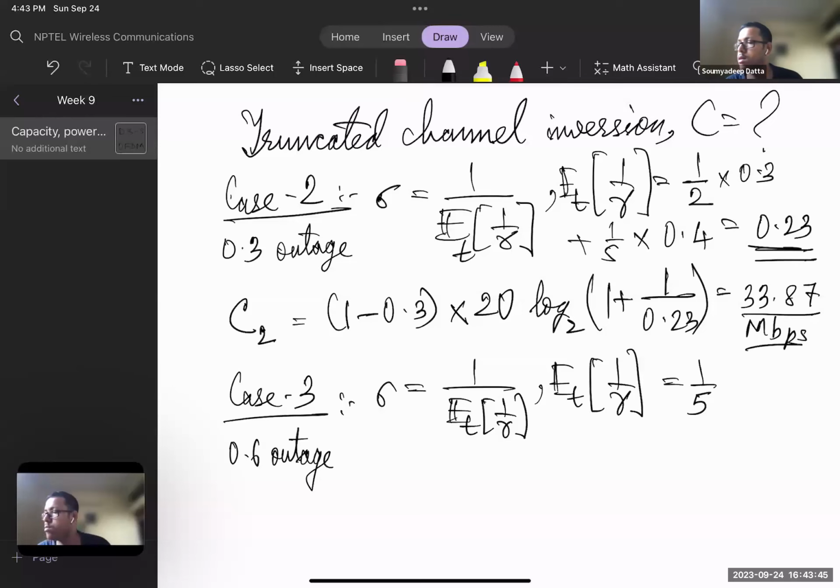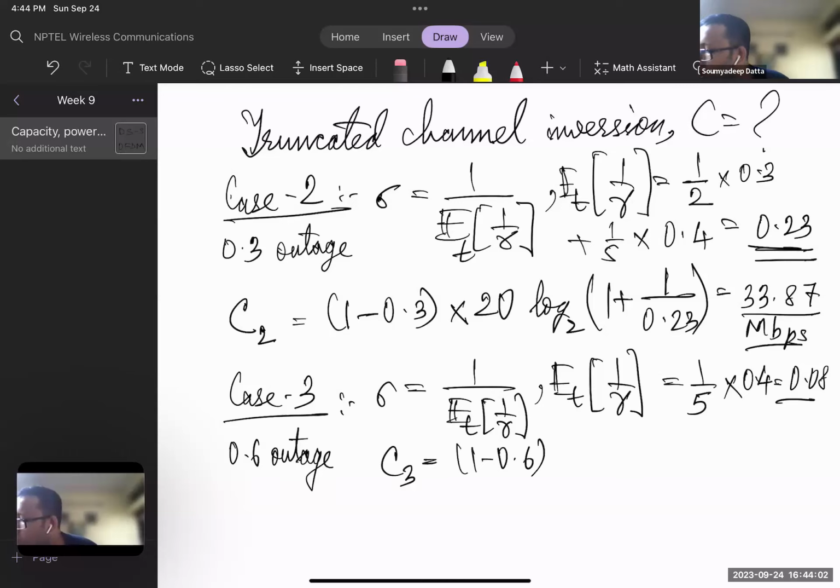So that is SNR of 5. So this is 0.4 divided by 5, 0.08, right? And so the capacity C3 in this case becomes 1 minus 0.6 times the bandwidth times log of 1 plus 1 divided by 0.08.